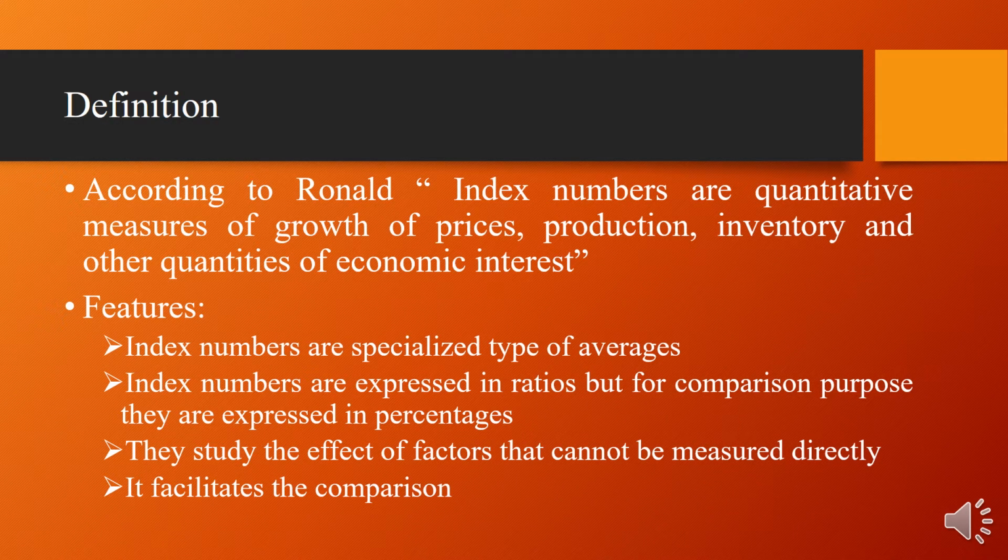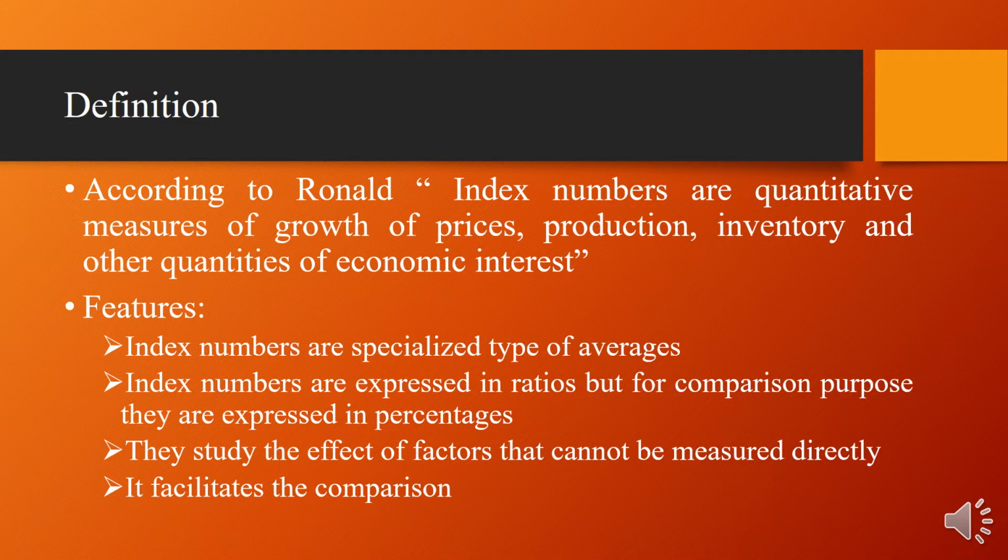Now let us discuss the features of index numbers. Index numbers are specialized averages. For different types of commodities or items, different averages are used because their scale of measurement would be different. So therefore index numbers are specialized types of averages.